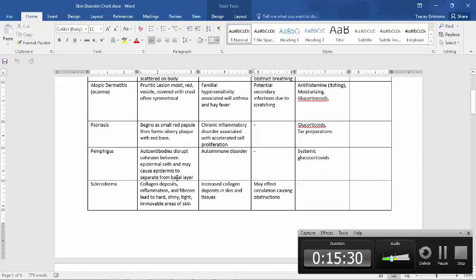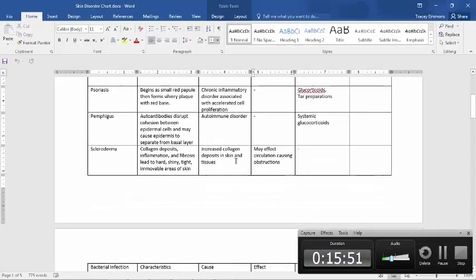So instead of being held together, they're separated, and it causes the epidermis to separate from the basal layer. And this is going to cause those raised vesicles and things like that. It's an autoimmune disorder, so we want to depress the immune system through systemic glucocorticoids. And this is going to depress the immune system and hopefully provide some treatment.